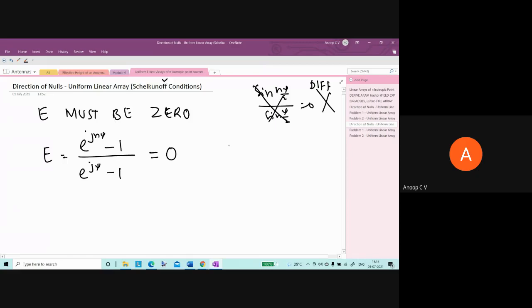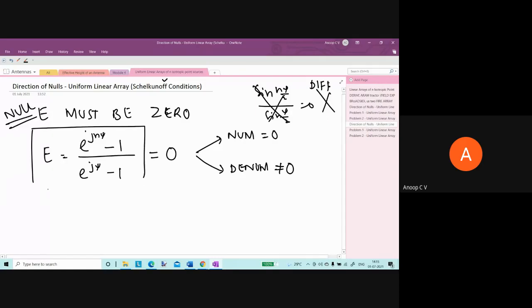For this to be 0, what is the condition? The numerator should be 0 and the denominator should not be 0, right? For this to be a minimum or null, E must be 0. If you are dealing in terms of sine n psi by 2 by sine psi by 2, it is going to be confusing, right? So for this, the numerator should be 0 and the denominator should not be 0.